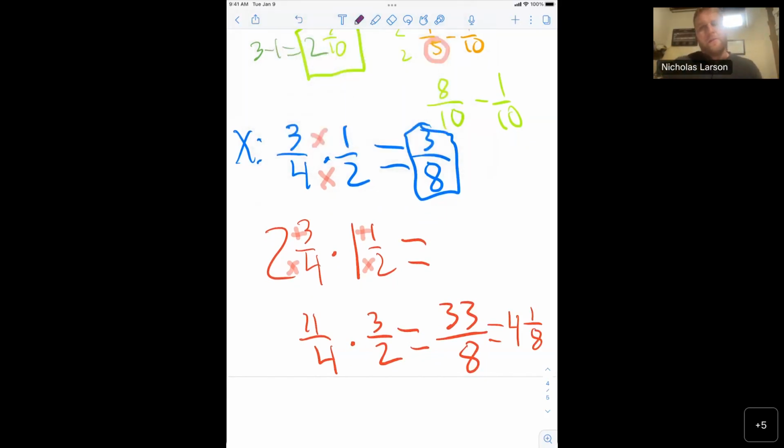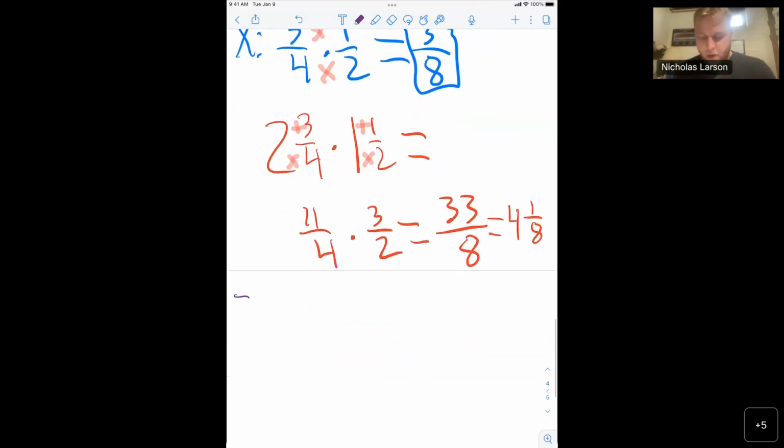Real quick, we're going to do division so that you get about 5 minutes of practice time again on your own. I've got some problems for you. When we divide, we actually turn things into multiplying. And the key to doing that is to multiply by the reciprocal, which is keep, change, flip.